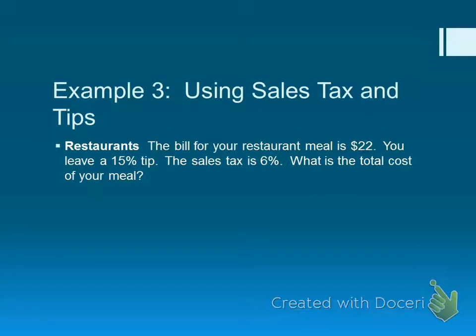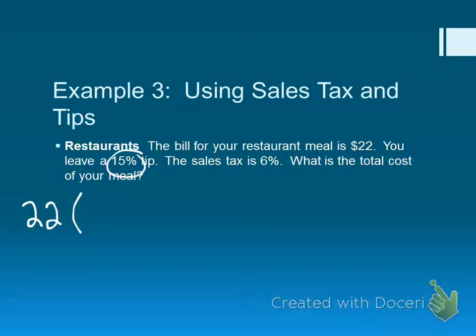Example 3. Now in example 3, this is our restaurant example. So you go out to eat, your food bill is $22. You leave a 15% tip, and your sales tax is 6%. So now you're basically just doing this twice, okay? You're going to take your food bill, which is $22, and you're going to figure out how much of a tip to leave.